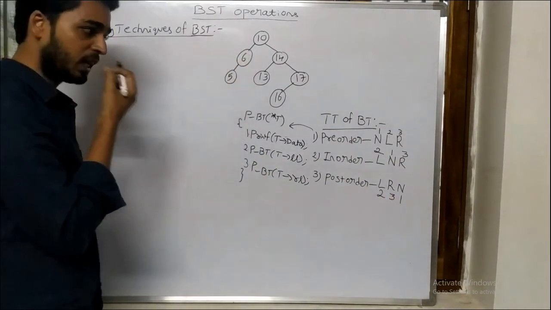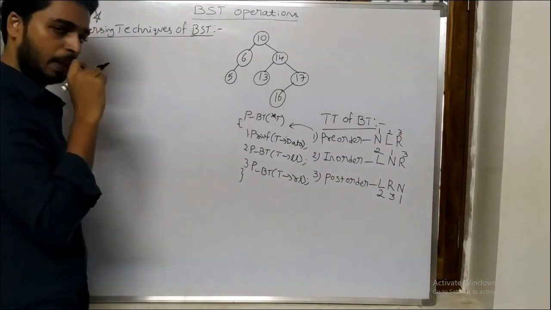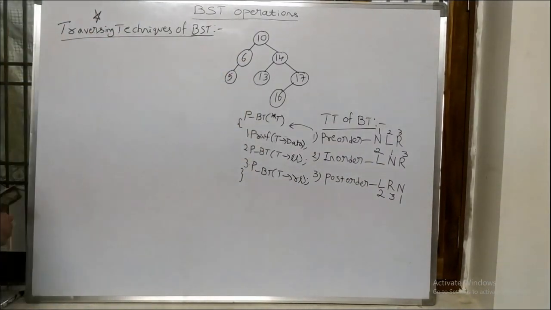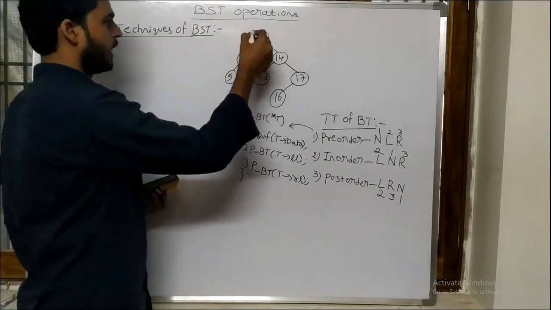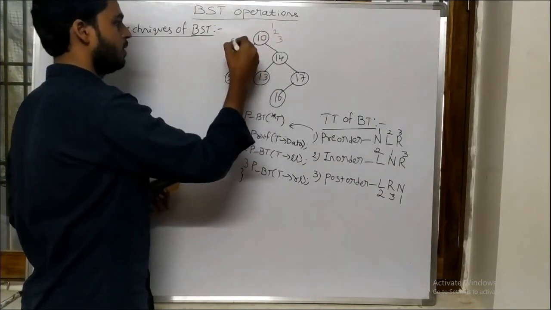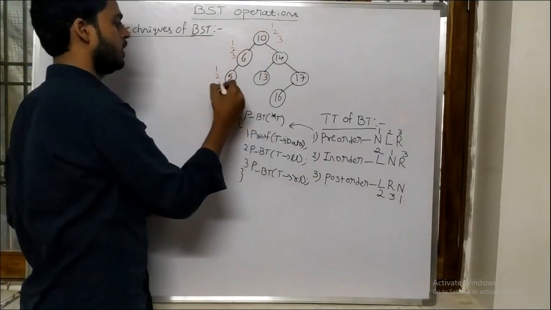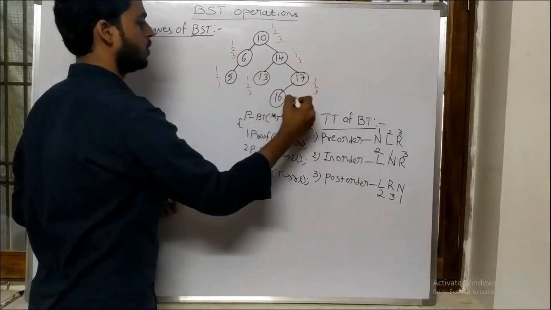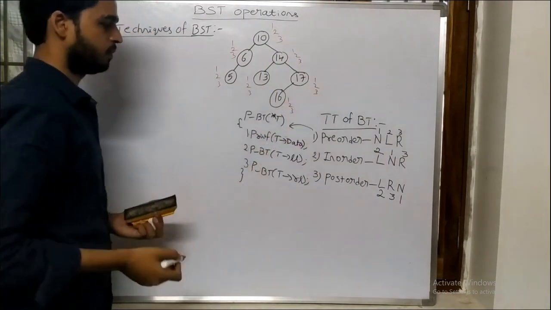You already know the traversing procedure of this; or if you want, I will explain. Just we can note here. I'm simply clarifying 1, 2, 3 for all the nodes.